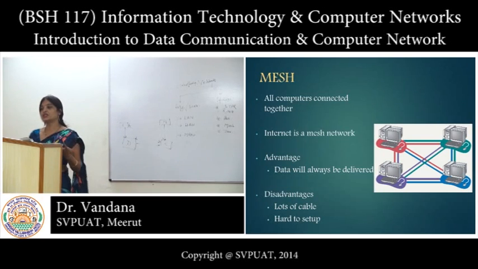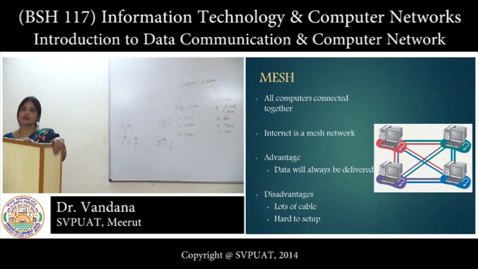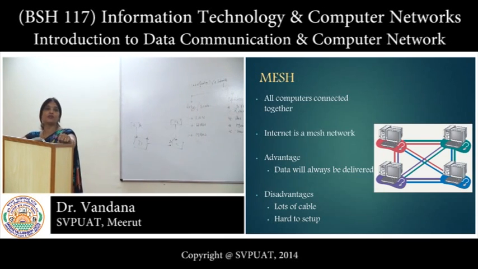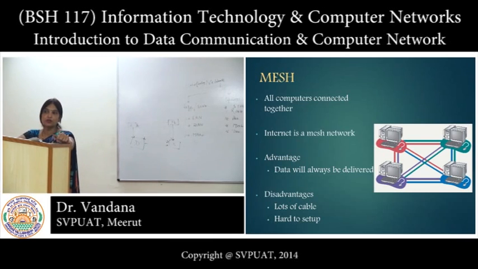So the efficiency of this type of topology is robust. This is considered to be one of the best types of topology as far as the reliability of the network is concerned. Of course, when we talk about drawbacks of topologies, this topology also has some drawbacks.